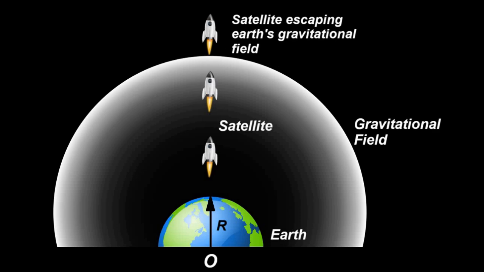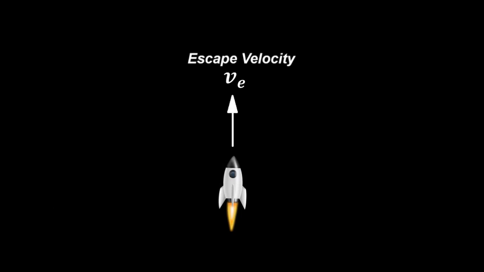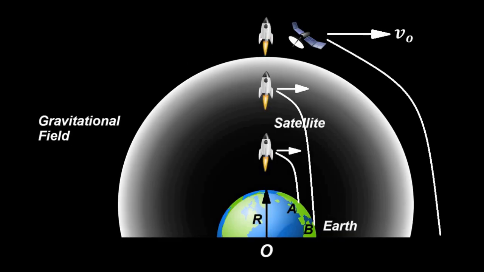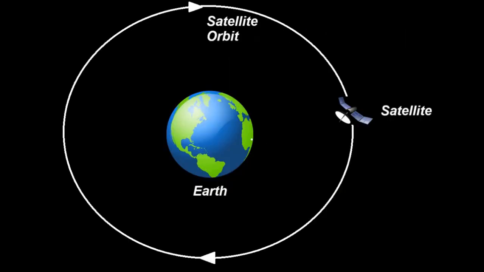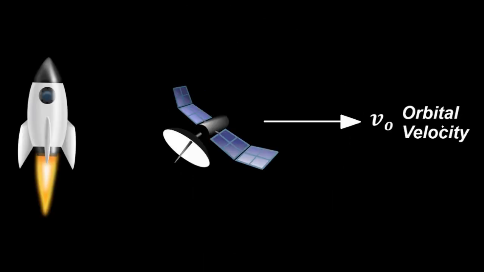And once the rocket has escaped Earth's gravitational field, the rocket is tilted and a suitable horizontal velocity is given such that it ensures the parabolic movement of the satellite without hitting the surface of the Earth during its parabolic trajectory, missing the surface of the Earth, and it orbits around the Earth at a suitable separation distance in a fixed circular orbit, and that horizontal velocity is called orbital velocity.